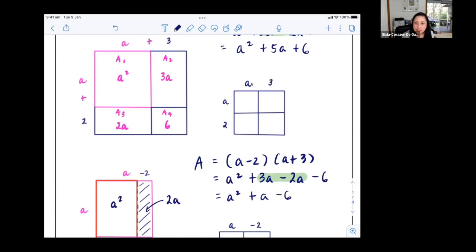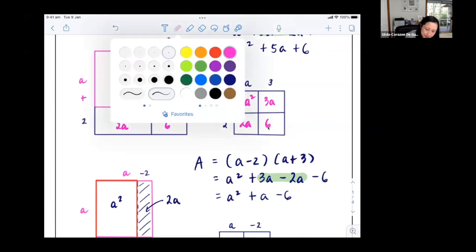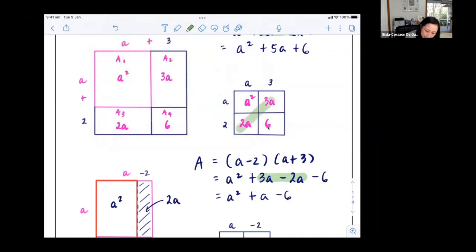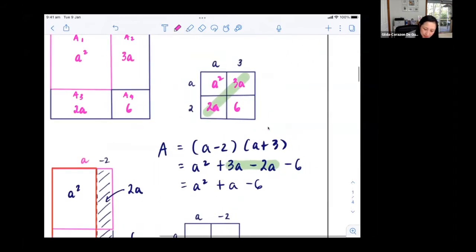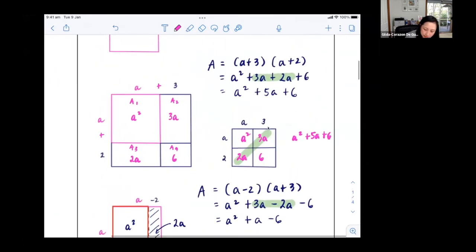Well, you just do A times A, you get A squared. 3 times A, you get 3A. A times 2, you get 2A. And 2 times 3, you get 6. And since you can combine these two terms, that's equal to A squared plus 5A plus 6, which is the same as what we got there.